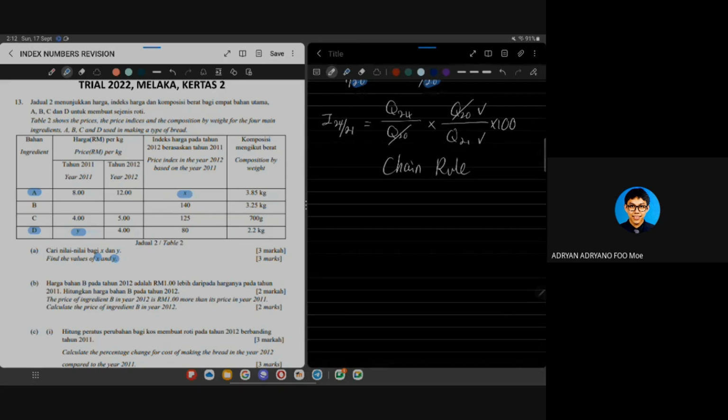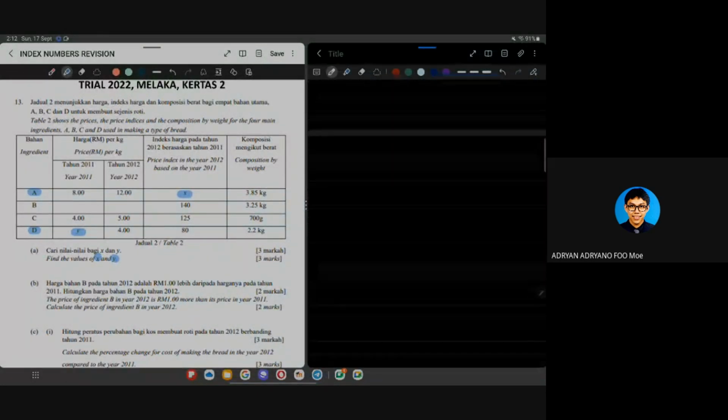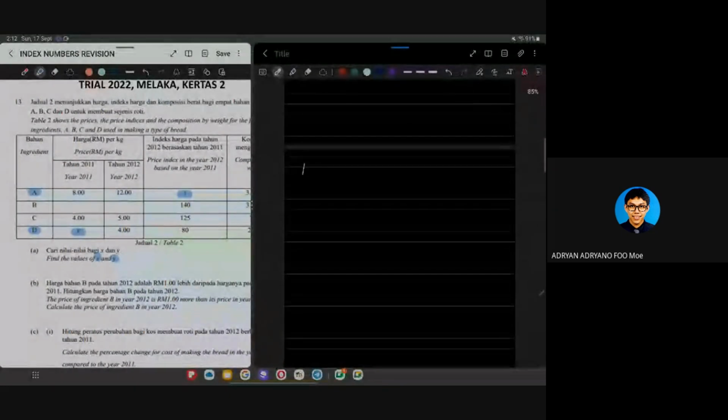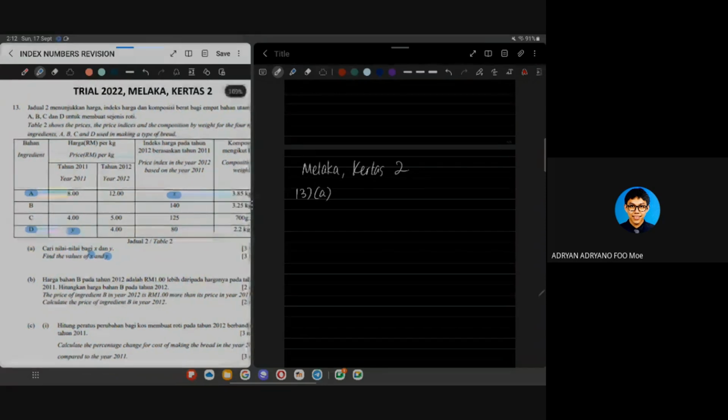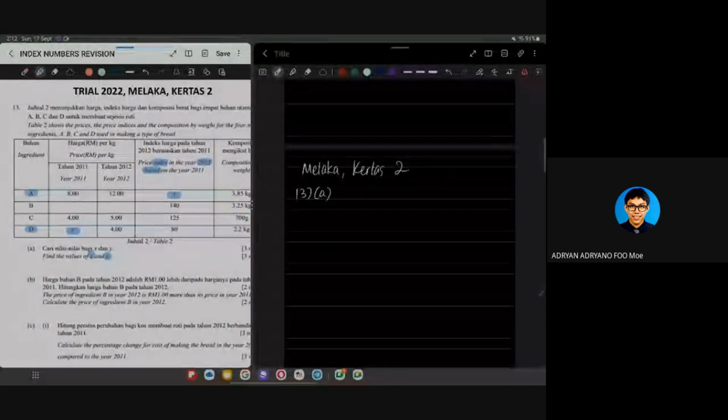Okay, so let us find X first. Melaka Kertas 2, question 13A. Find the values of X and Y. For X, look at the top: what is the X column? The column mentions index 2012 base 2011, so what do I use?